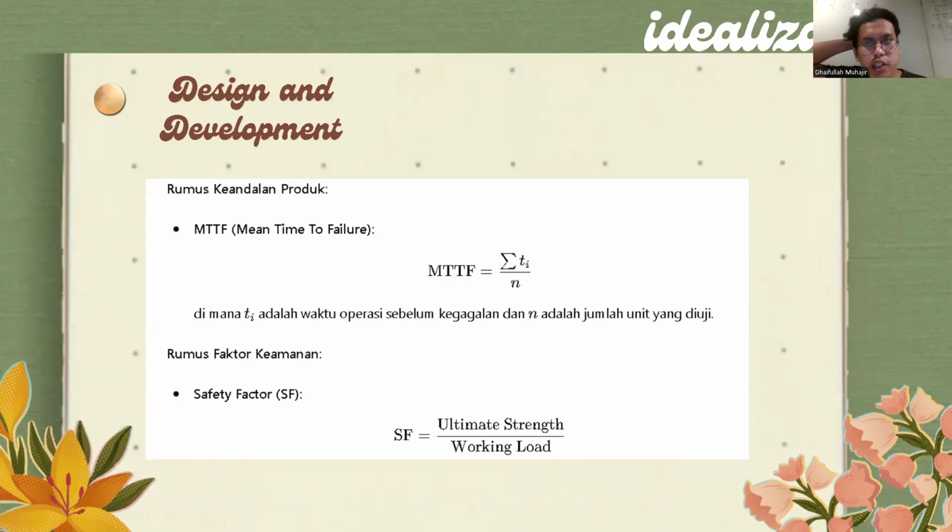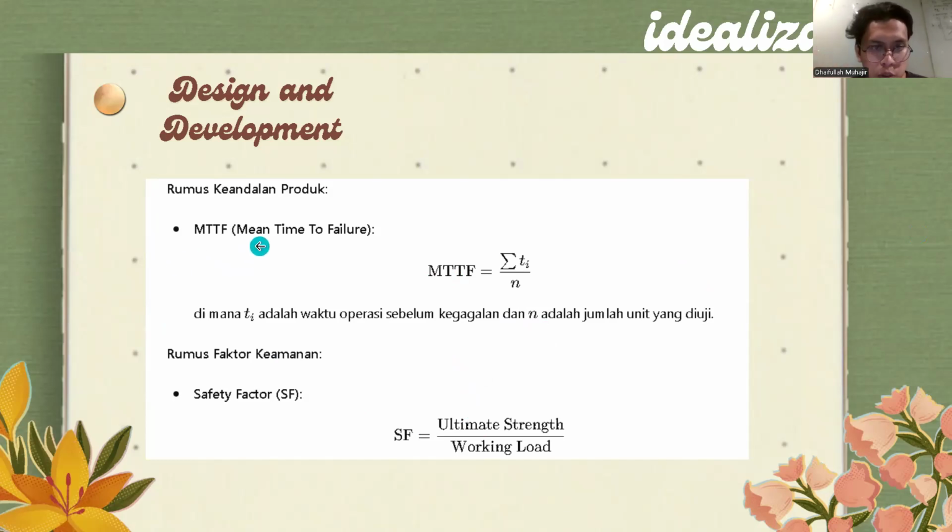Then we enter the third point, idealization, which is formulating equations according to the initial thoughts that we know. In design and development, there are actually many formulas, but I will highlight two.